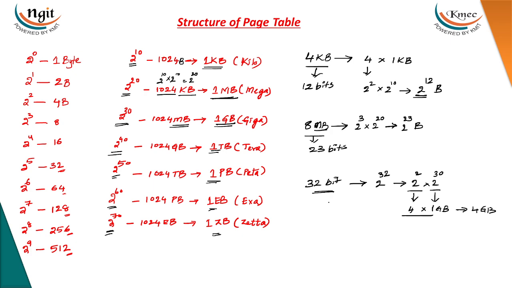So a process size may be 4 KB, 8 MB, 16 MB, 256 MB, or up to 4 GB. With a 64-bit system, it can take a process size up to 2 to the power of 64 bytes.